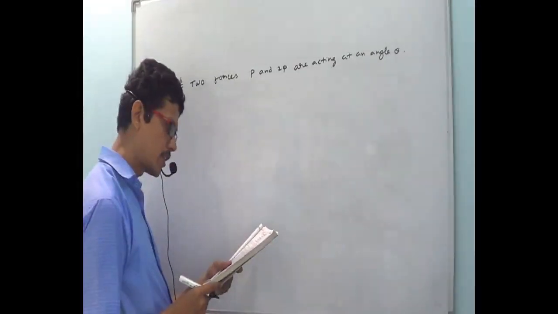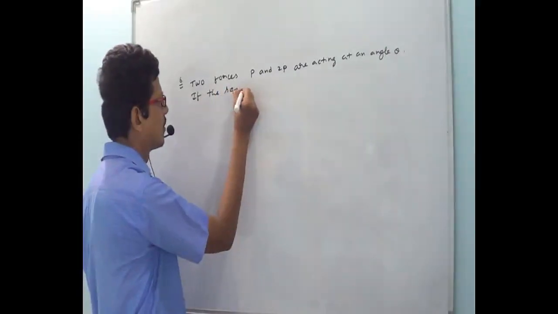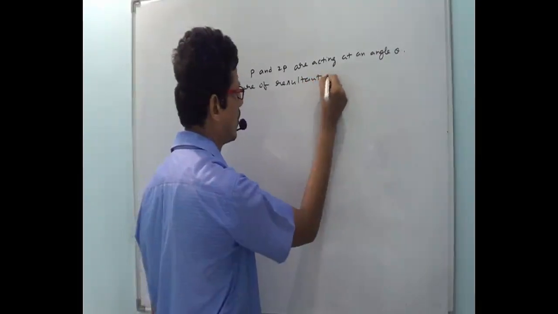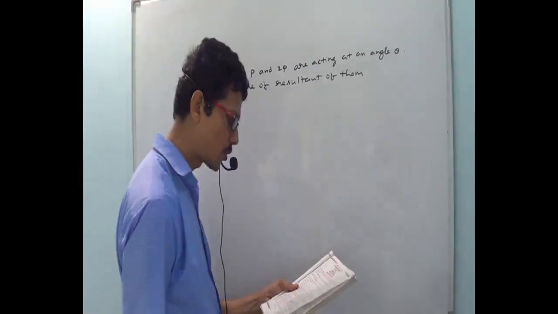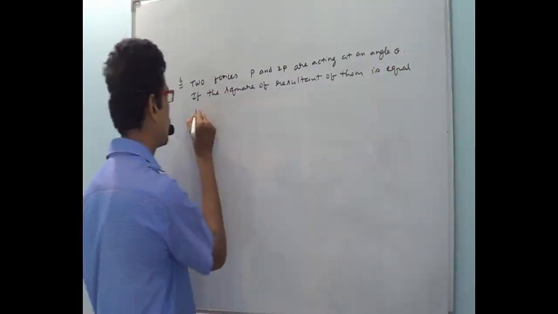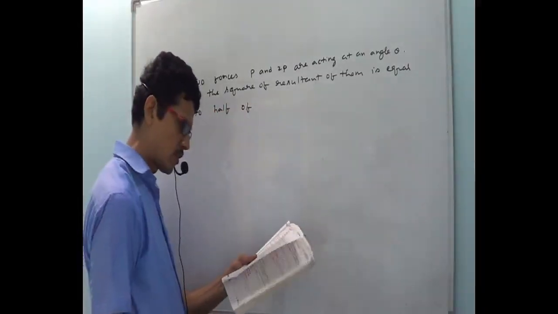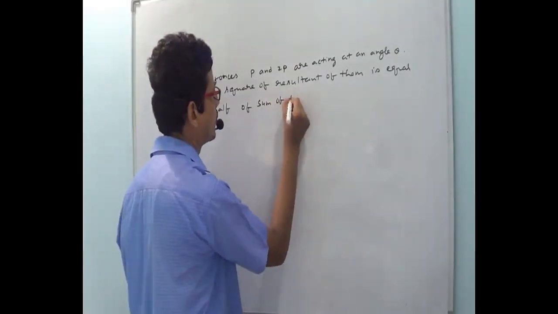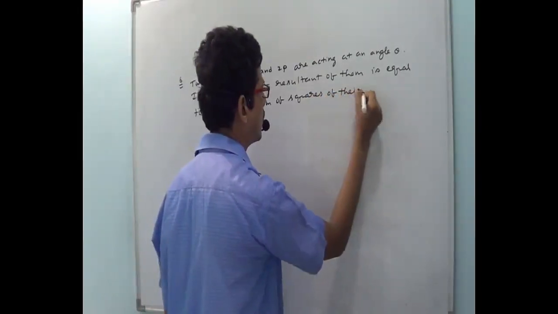If the square of the resultant of them is equal to half of the sum of squares of their magnitudes.